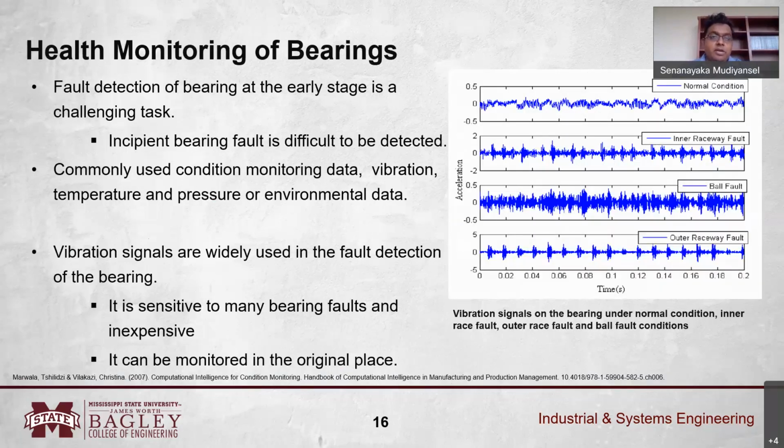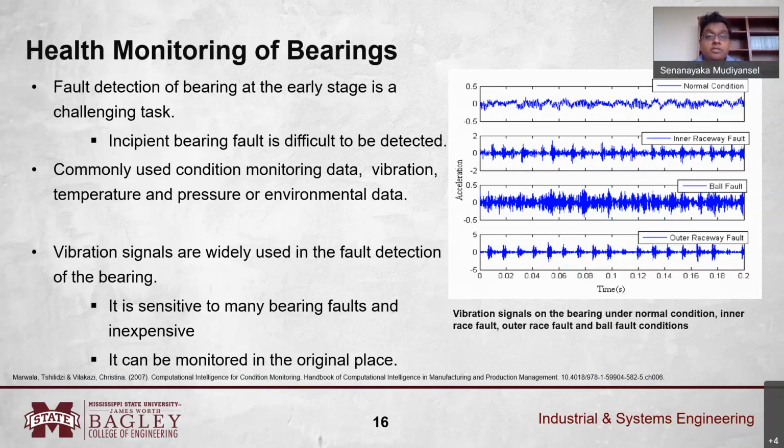Let me explain what type of health we want to discuss about these bearings. Fault detection or fault diagnosis of bearings is a challenging task. I say it is challenging because random faults can appear in any type of operating condition.